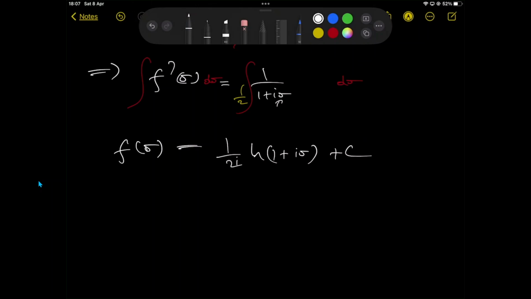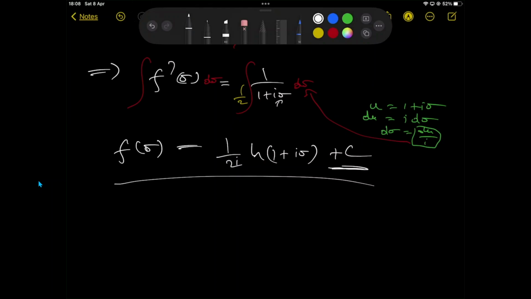You can just take a substitution: let u equal the denominator, u equals 1 plus i sigma, du equals i d sigma, so d sigma equals du over i. Sub in du over i in place of d sigma, and a bunch of stuff cancels, and that's how you get this natural log.